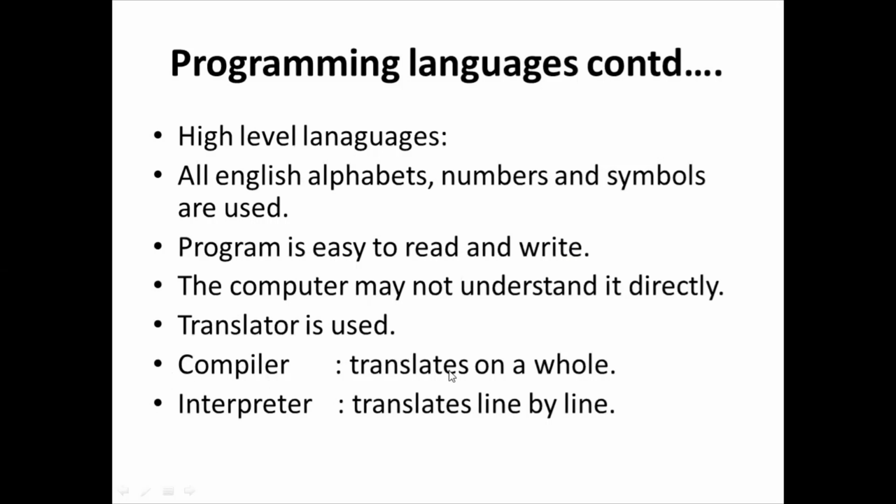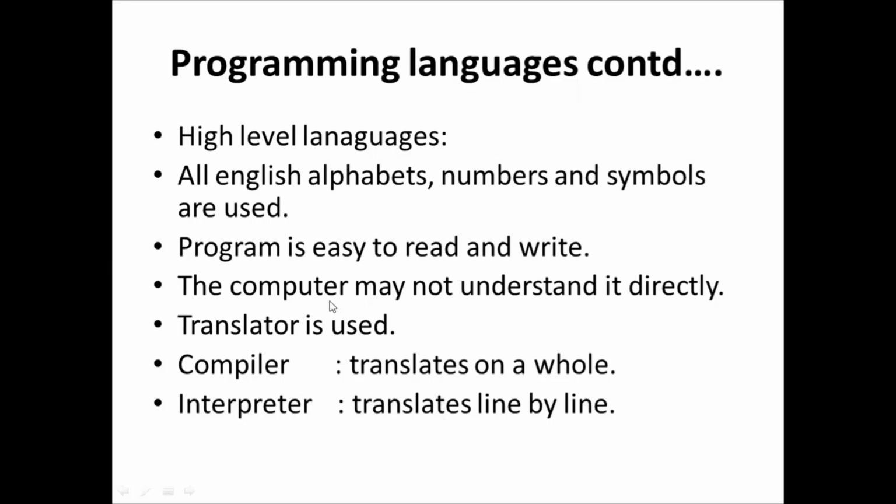A compiler translates the whole program, the whole code at a time, and it gives the errors at the end. And the interpreter translates the code, that is the instructions of the program, line by line. So this way it is helpful, right?